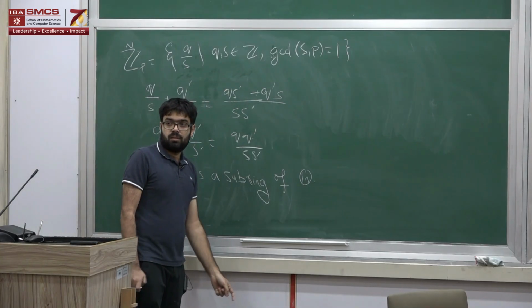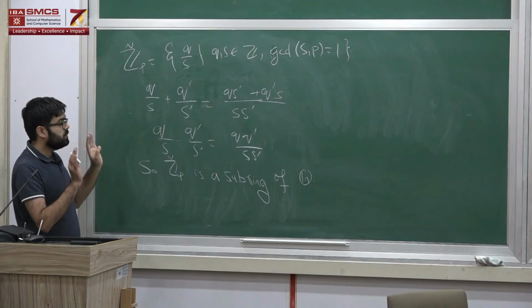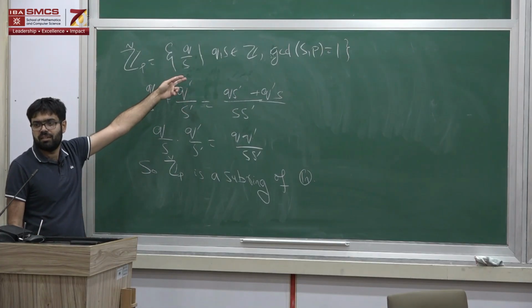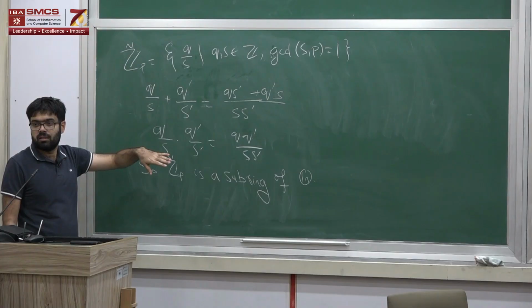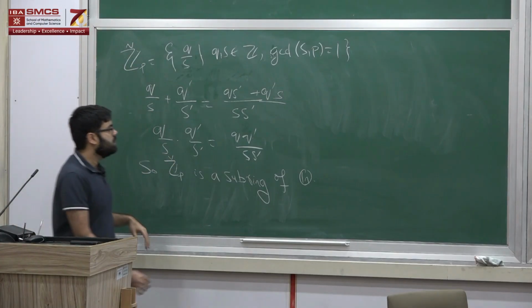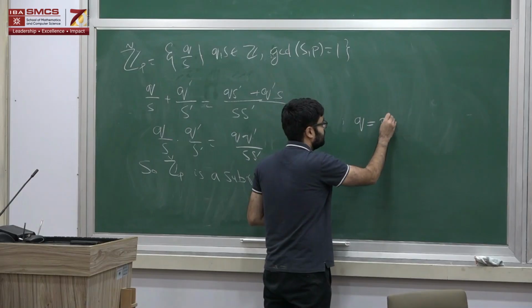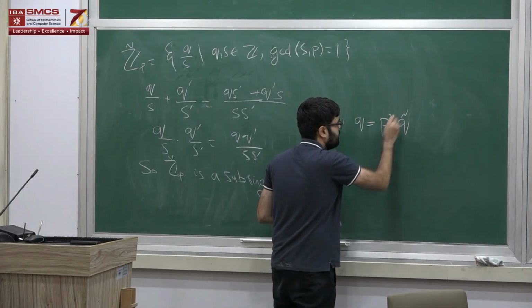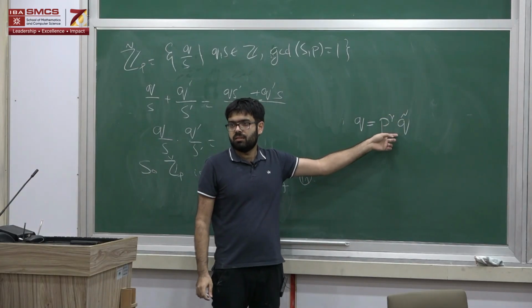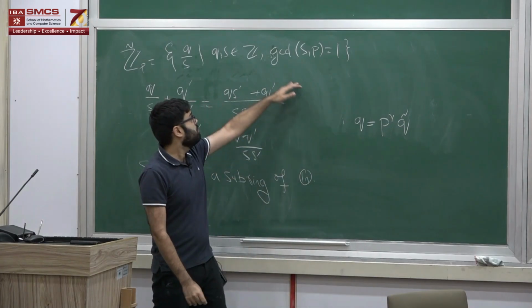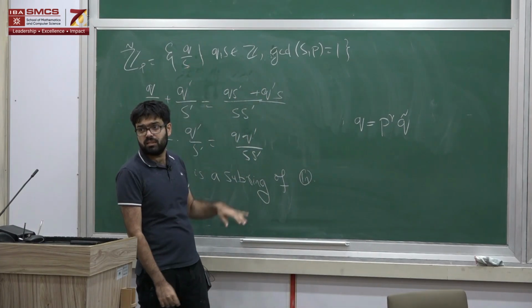What is the valuation? What will be the valuation of this element? Right now there is no valuation, but this valuation still works the same way, right? So in this case, I can just write q is p to the r times q tilde, and the valuation will be this r, right? Because s will be co-prime, there will be no factors in the denominator.